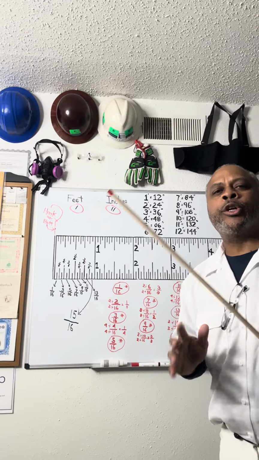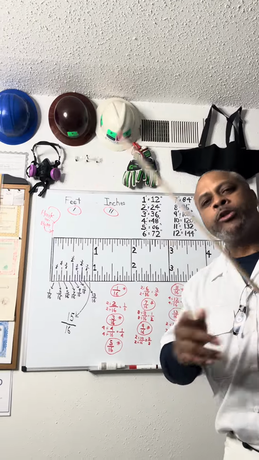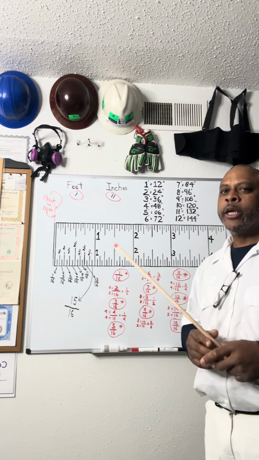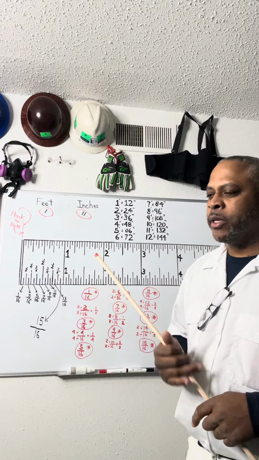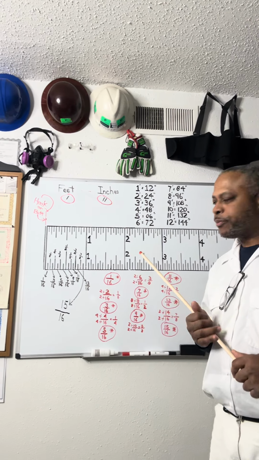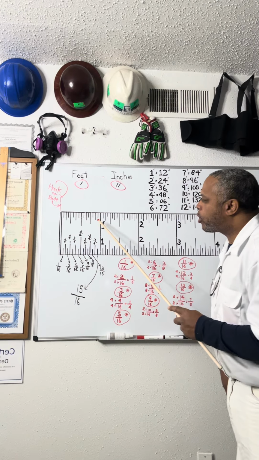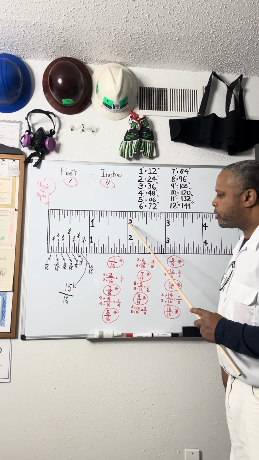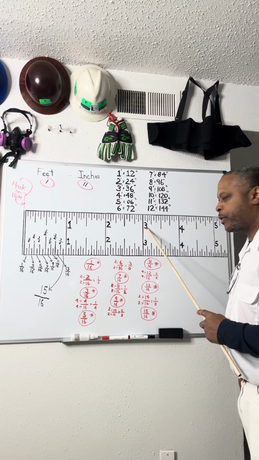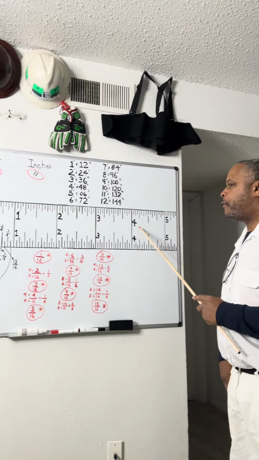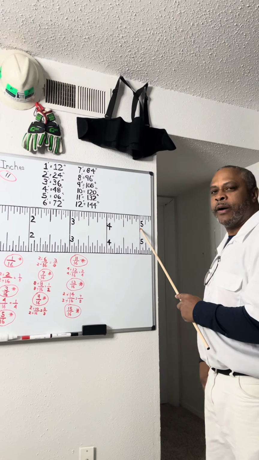And for all you general laborers out there that want to progress and become a carpenter to where you can make more money to help feed your family, then you need this course. This is going to help you totally because we're going to start off with 1 inch, 2 inch, 3 inch, 4 inch, 5 inch.